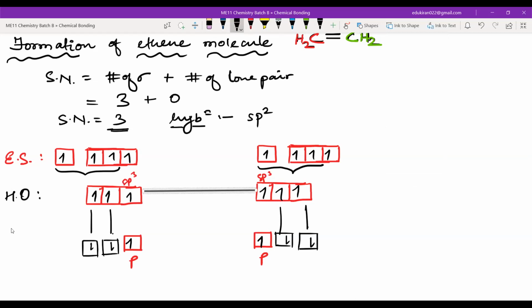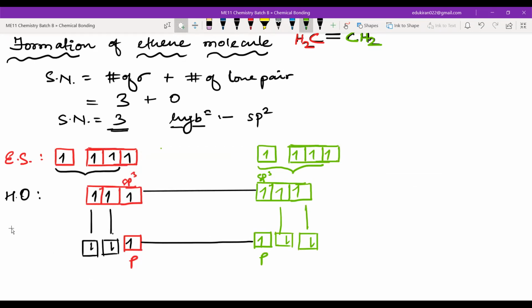I had to make this all green, I forgot that. And there will be a bond between the pure p orbitals like this. Let me select these and make them green. I don't want to select the lines, I just want to select these things.